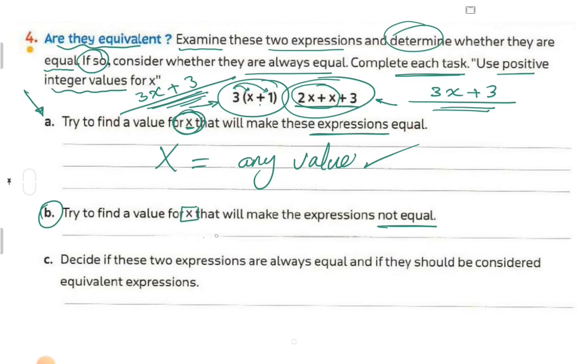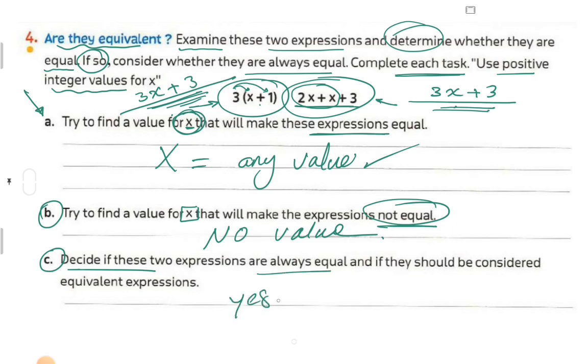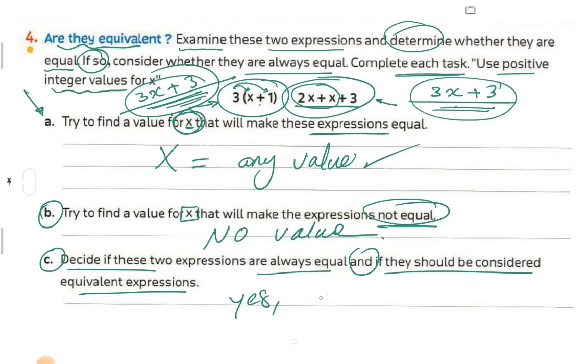No, there is no value that will make these two expressions not equal, because it's the same expression. Point C, decide if these two expressions are always equal. Yes, they are always equal. And should they be considered equivalent expressions? Of course, it's the same expression. Of course they are equivalent to each other.